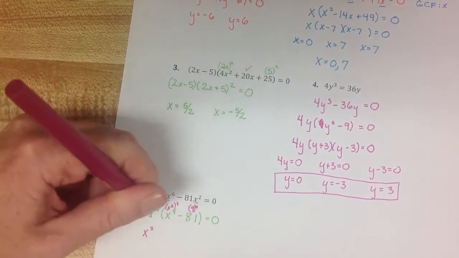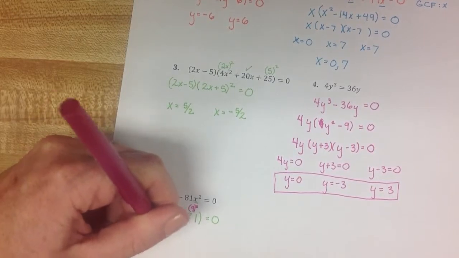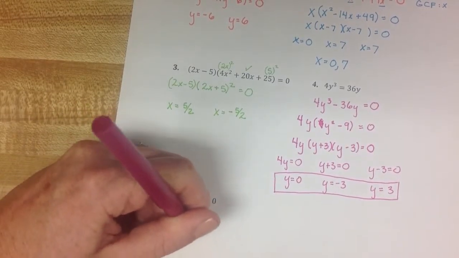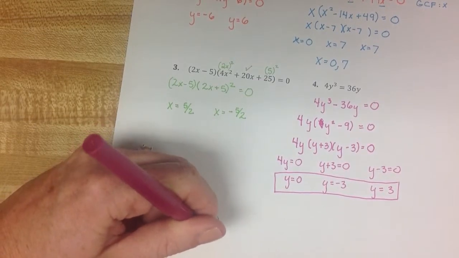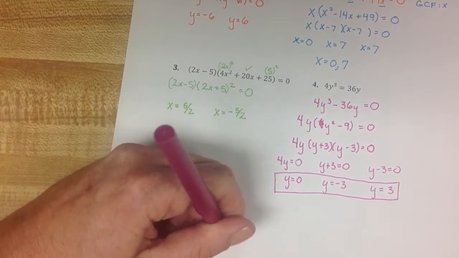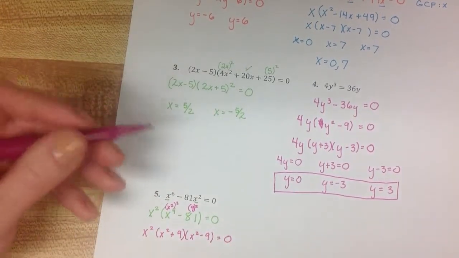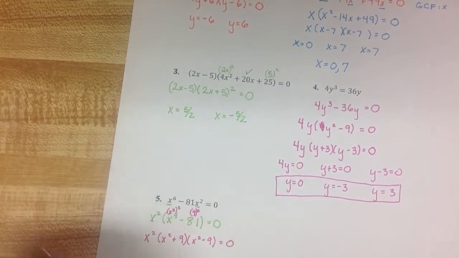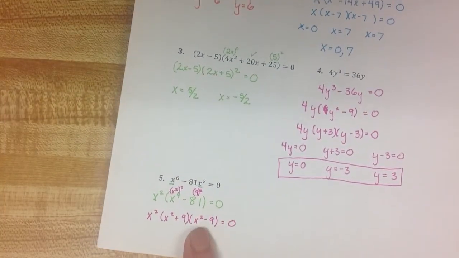So the x squared that was on the outside will stay, and then I have an x squared plus 9 and an x squared minus 9 equals 0. Okay. This x squared minus 9 is still a difference of squares.